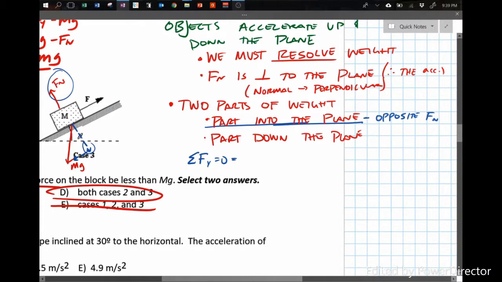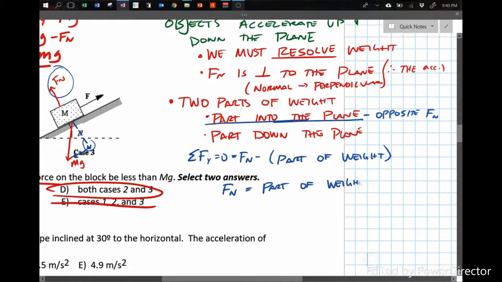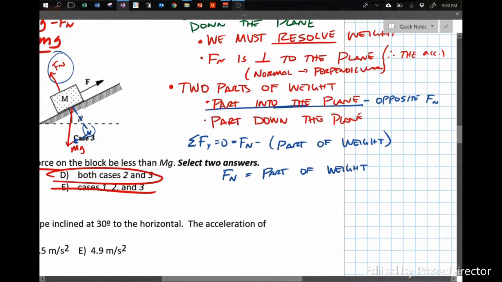Because of that, I've got the normal force minus part of the weight, and because we're talking about part of the weight, the normal force is equal to part of the weight. And because the normal force is part of the weight, the normal force is less than the weight because it's equal to a part of it.